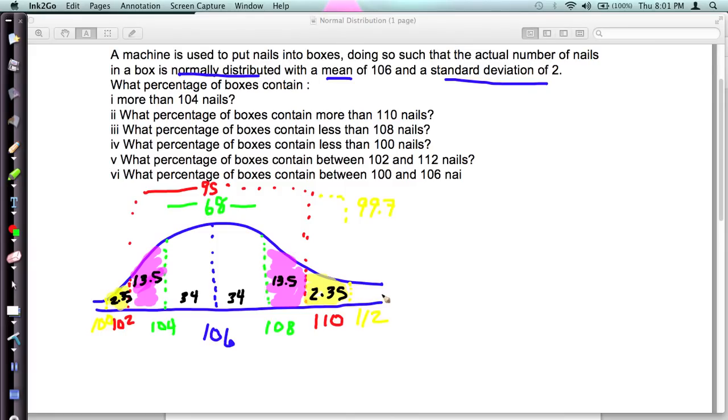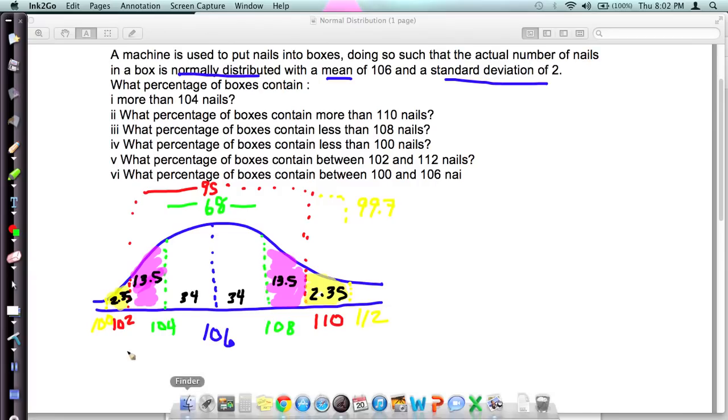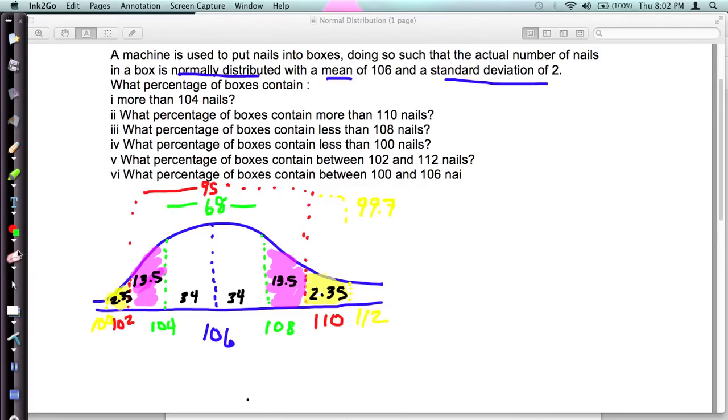You can even do that for this last little piece here. This is 99.7. All of it would be 100%.